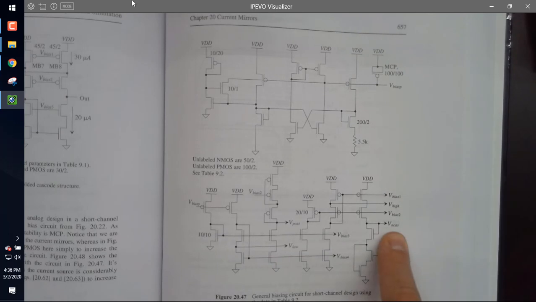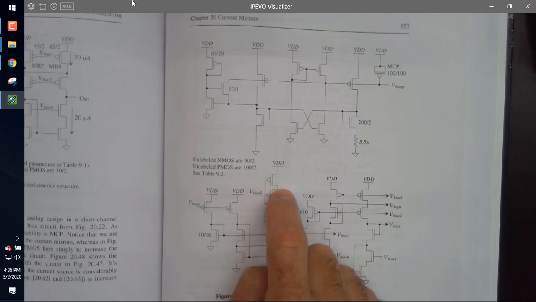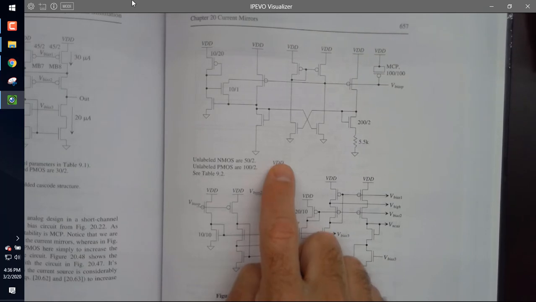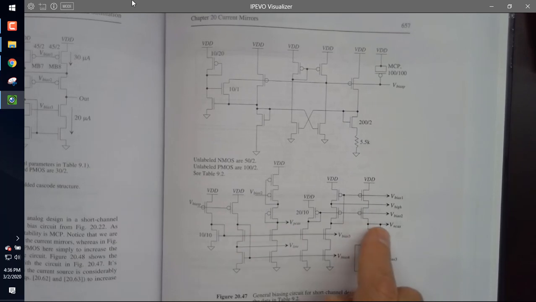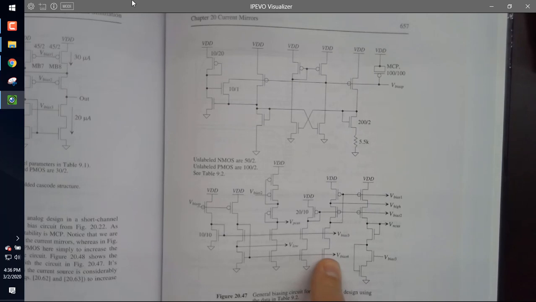Okay? For my two VGSs, I call that VN cas. And for my two VSGs, there's a VSG, and there's a VSG. I call that VP cas. So VP cas is VDD minus 2 VSG. VN cas is 2 VGS. V bias 4 is, what's V bias 4? VGS. What's V bias 3?